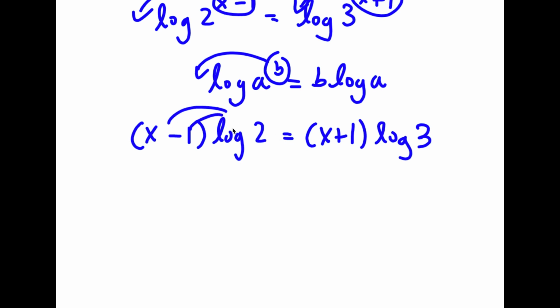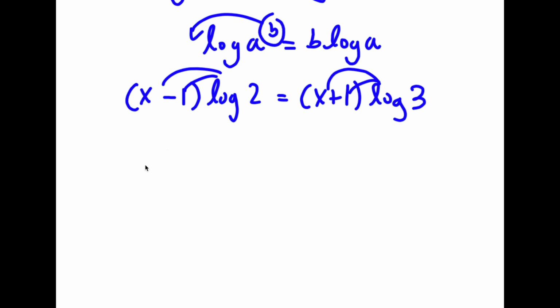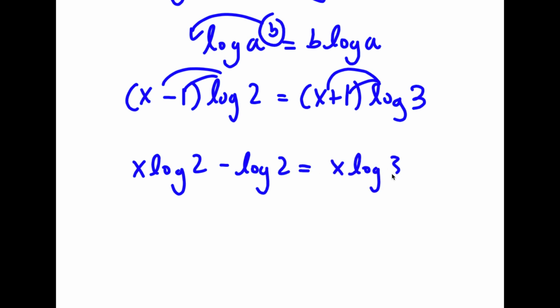Now, if I distribute these two, I have x times log 2 - log 2 is equal to x times log 3 + log 3.